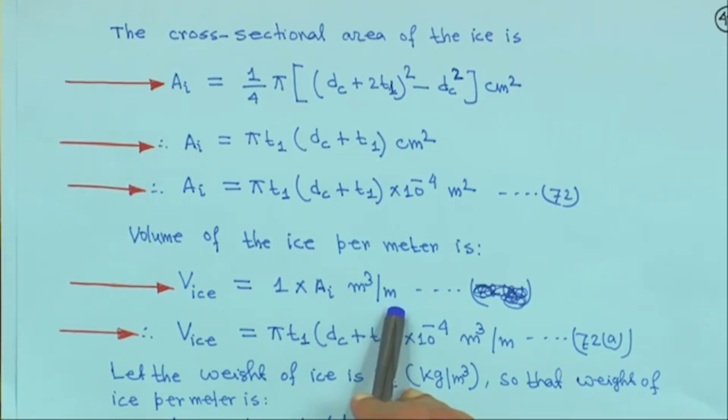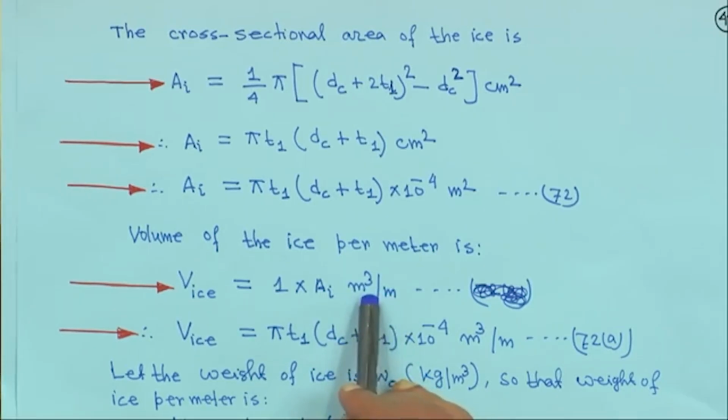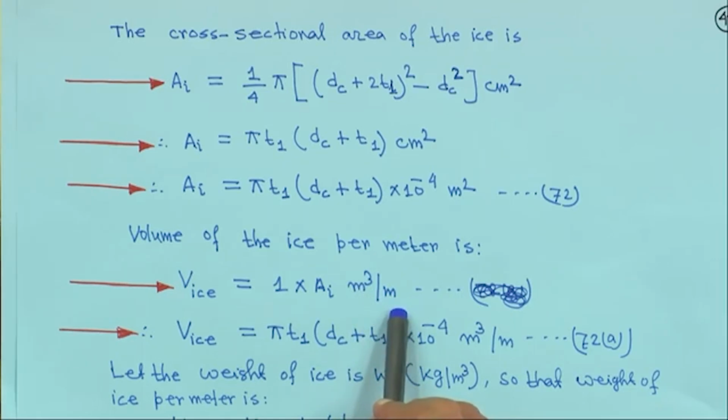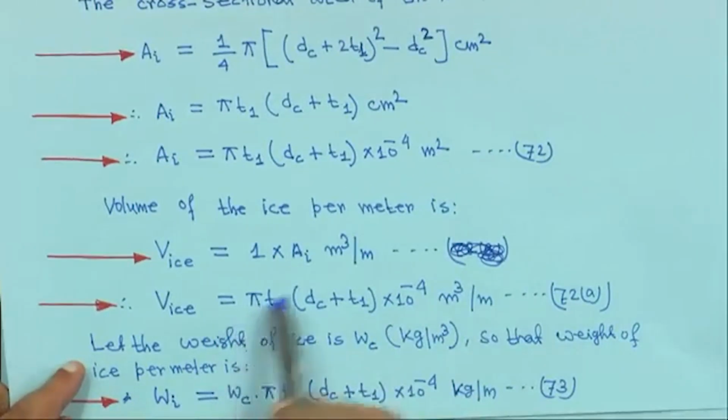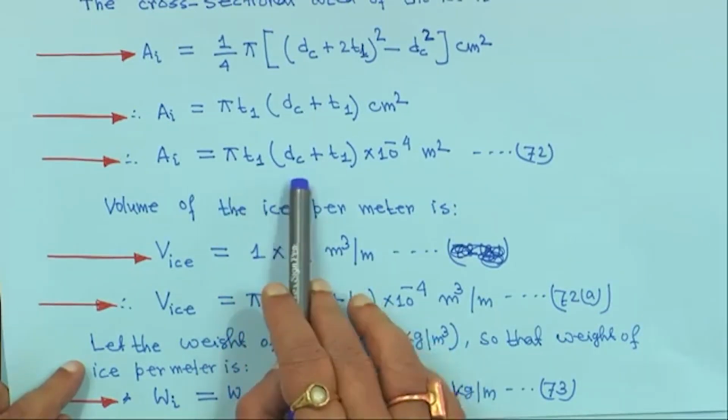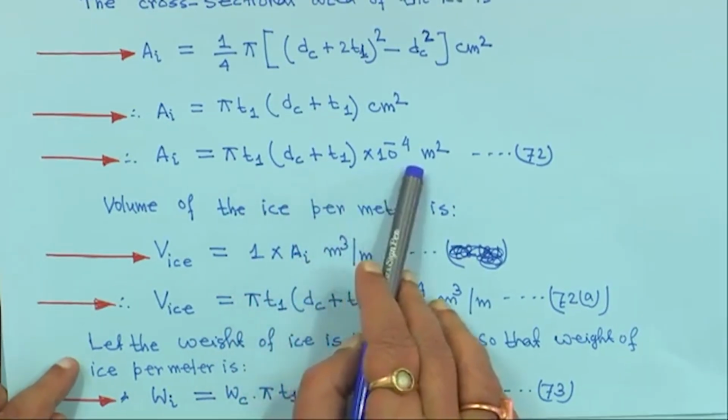Per meter means, don't make it m cube by m square, do not do that; it is volume in meter cube, and per meter indicates per meter length of the conductor with ice coating. Now, therefore, V ice equals A I, we have seen, pi T1 into d c plus T1 into 10 to the power minus 4.